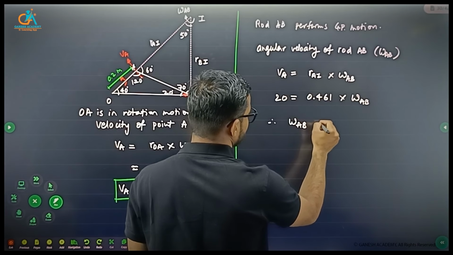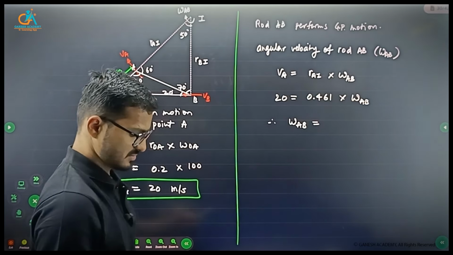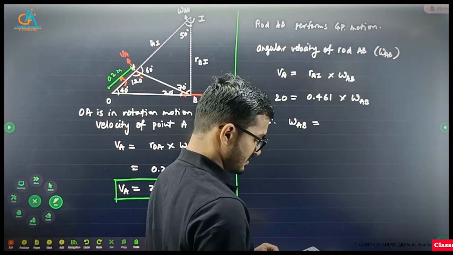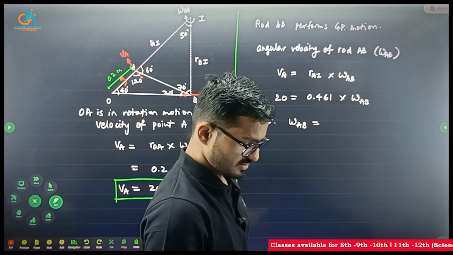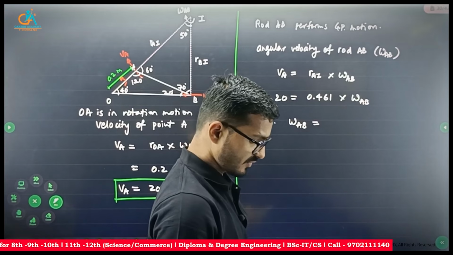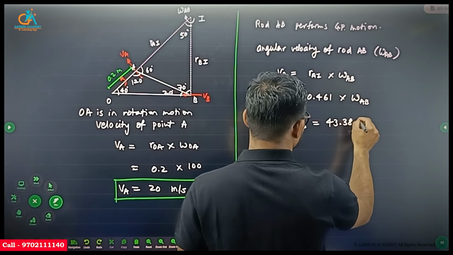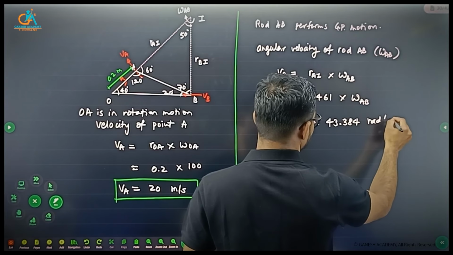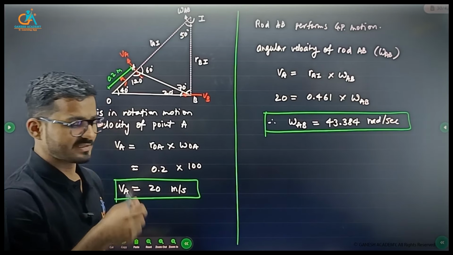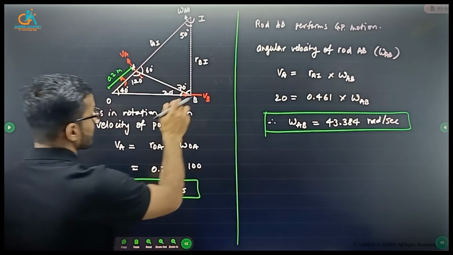So here we will get the angular velocity as 43.384 radian per second.